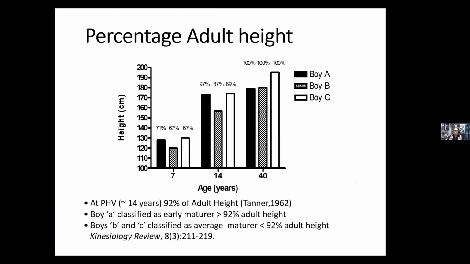What's important is that at 14 years of age, boys A and C, at 97% and 89% of their adult stature, are actually closer to maturation. And this is important because before we were saying that the middle boy was closer. So this is really to illustrate that stature itself is not a good measure unless you know where someone's going to and where they've come from.